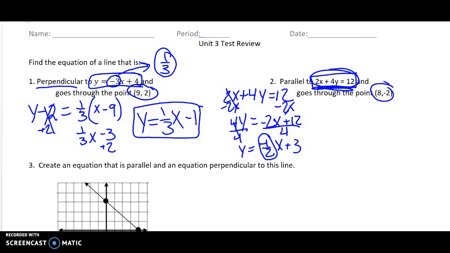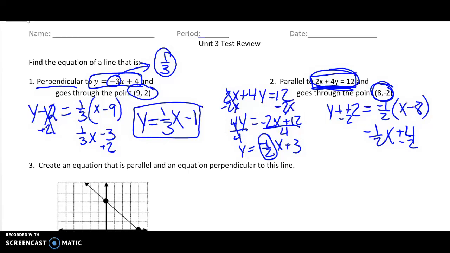I have a slope, I have a point, so again, point-slope form. y minus -2, change, equals m(x minus 8). So again, distribute: -1/2 x plus 4. I want to subtract 2 from both sides to cancel that out.